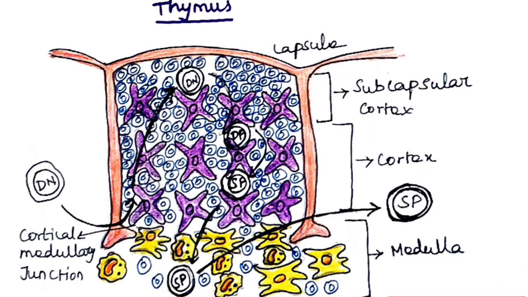Double negative cells start to express T cell receptor. Once the T cell receptors are formed on the double negative cell, it starts to express both CD4 and CD8 glycoprotein on its surface, and these cells are known as double positive cells. So the cortex is populated with double positive cells.